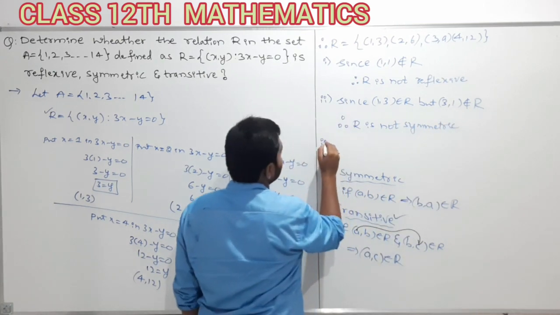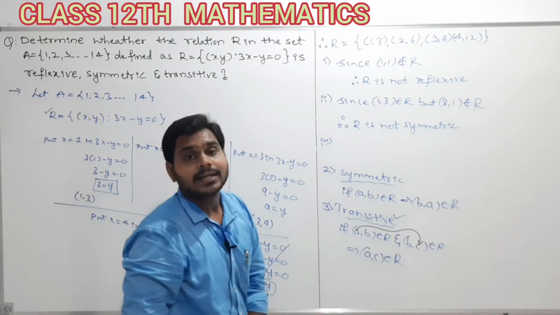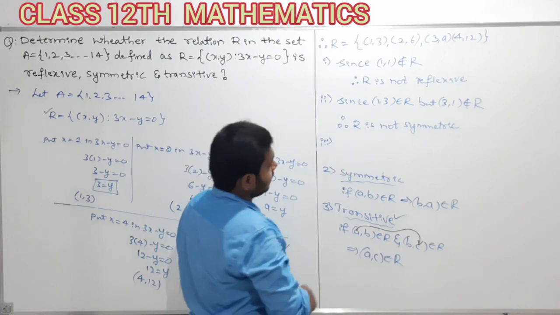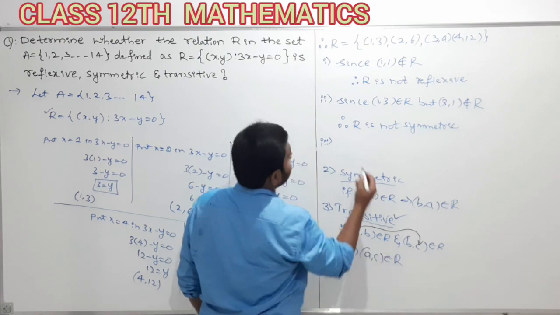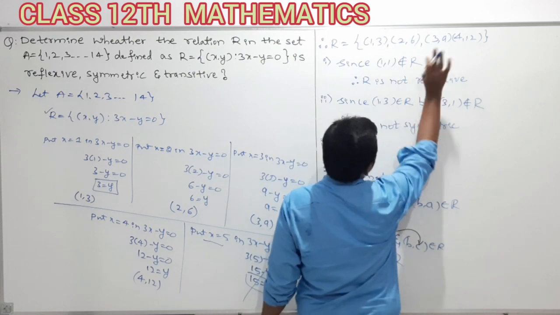Next, my dear students, the third condition: whether it is transitive. Take the elements. If A, B and B, C are there, here 1, 3 is there and 3, 9 is there.